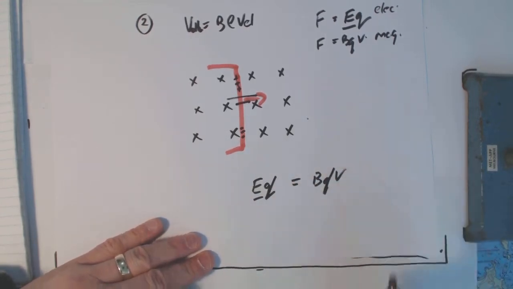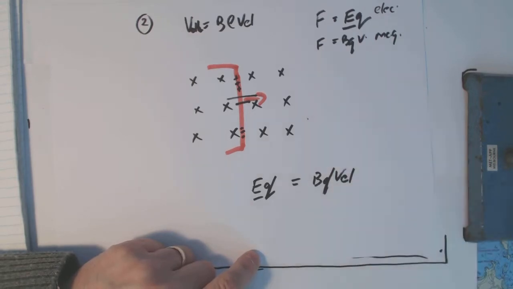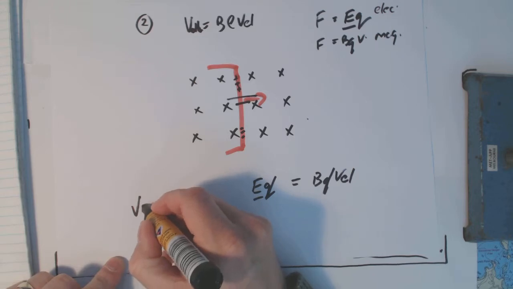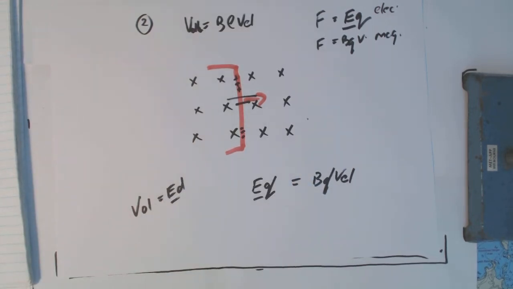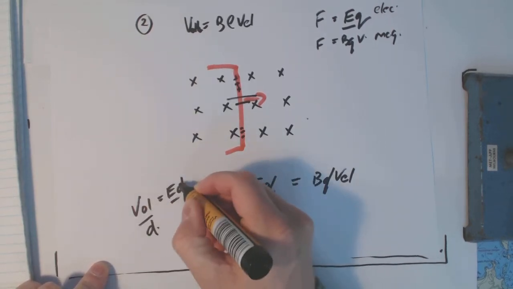So we can immediately cancel out the Q's. Remember, this is velocity. So what's that leaving us with? But remember this one, okay? We've said that voltage equals ED, right? So voltage equals ED, E equals voltage over D, right?